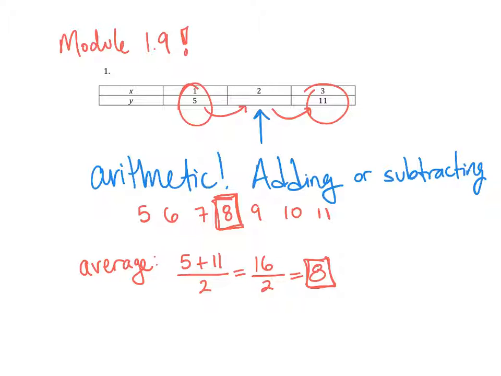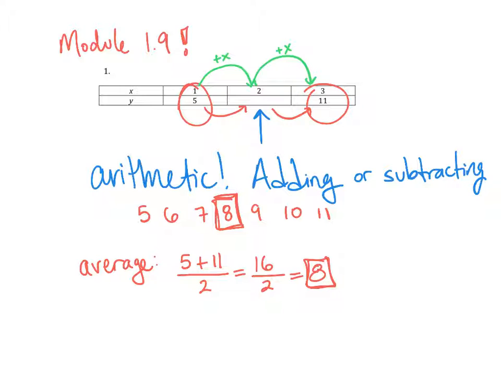I want to share with you the way that I would do this. I'm going to say to myself, there are 1, 2 steps, 2 jumps between 5 and 11, right? And I know that both of these numbers, whatever I'm adding here, have to be the exact same thing, right?